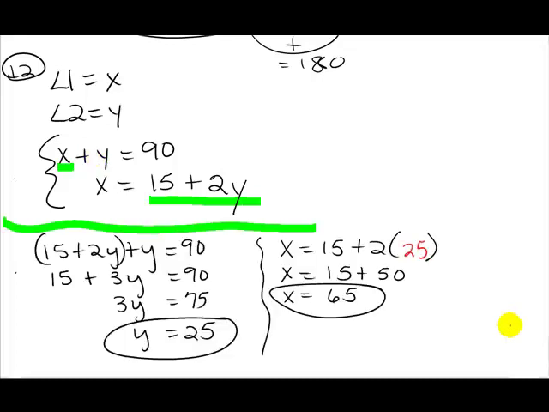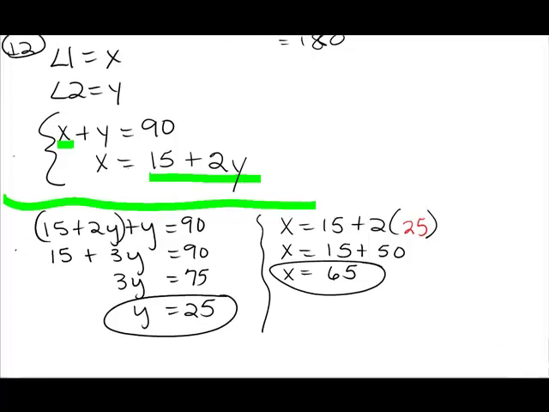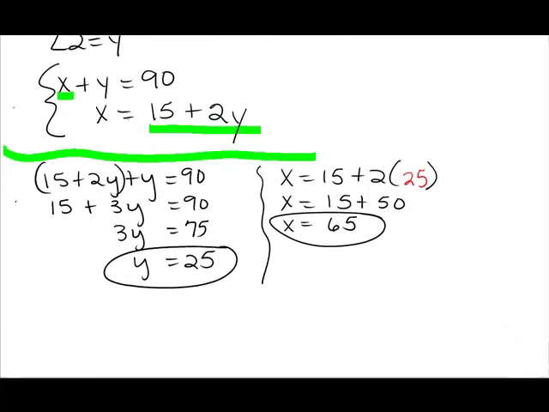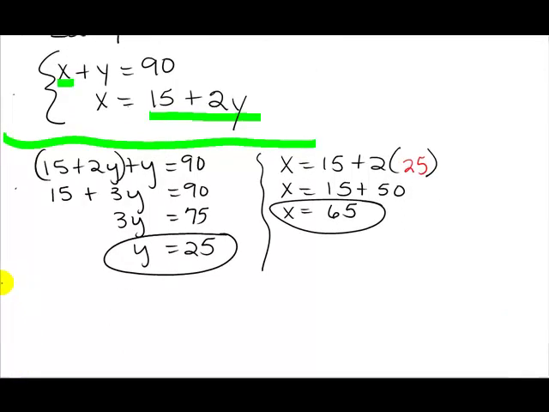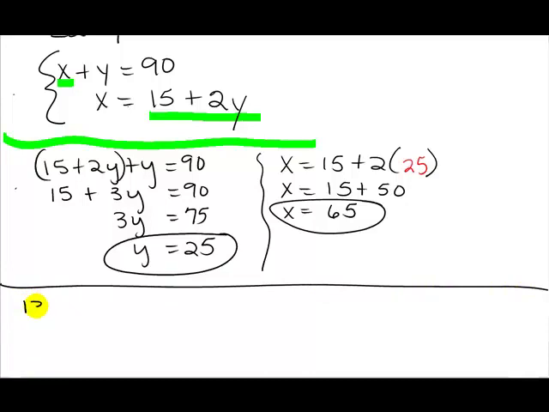Now you can check your work. Number 13 and 14 are talking about a business, and we're talking about cost equals revenue.